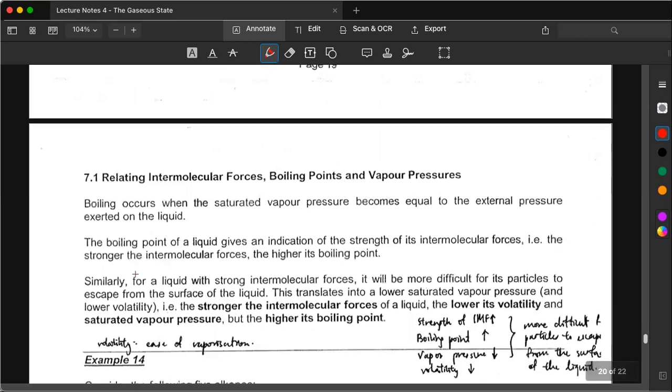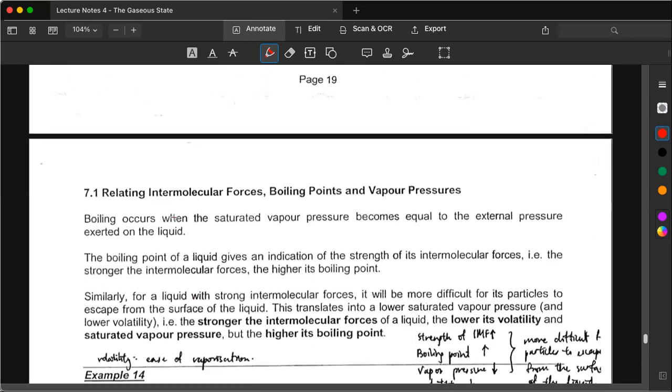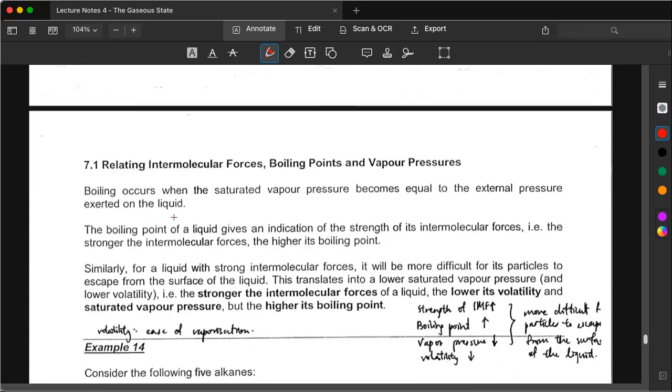Now, boiling occurs when the saturated vapor pressure becomes equal to the external pressure exerted on the liquid. The boiling point of a liquid gives an indication of the strength of its intermolecular forces. So the stronger the intermolecular force, the higher its boiling point.